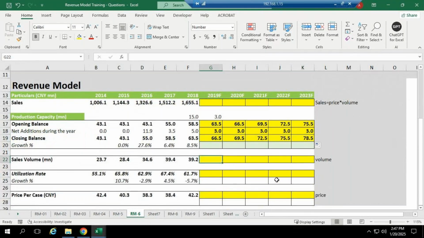That also you have to calculate, the growth percentage also. So the current year minus previous year divided by current year. So again you have to drag it over here.